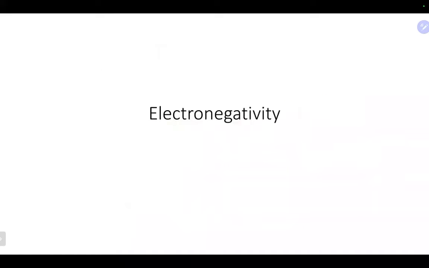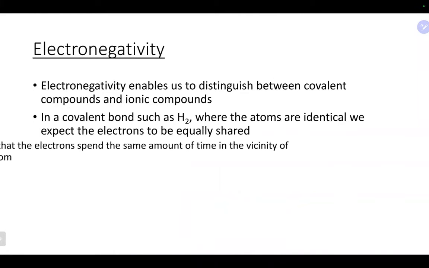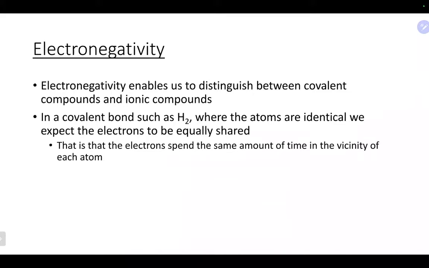So electronegativity is a really important aspect of sharing electrons. Electronegativity is the ability of an atom to bring electrons towards itself.